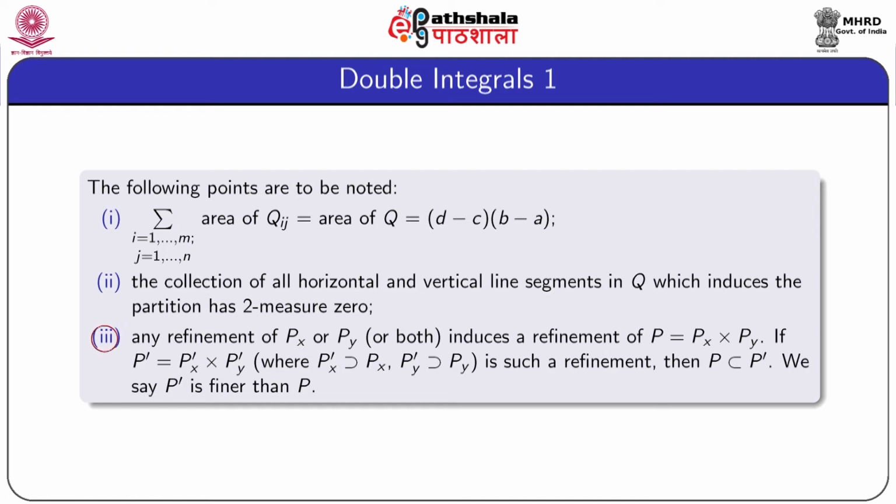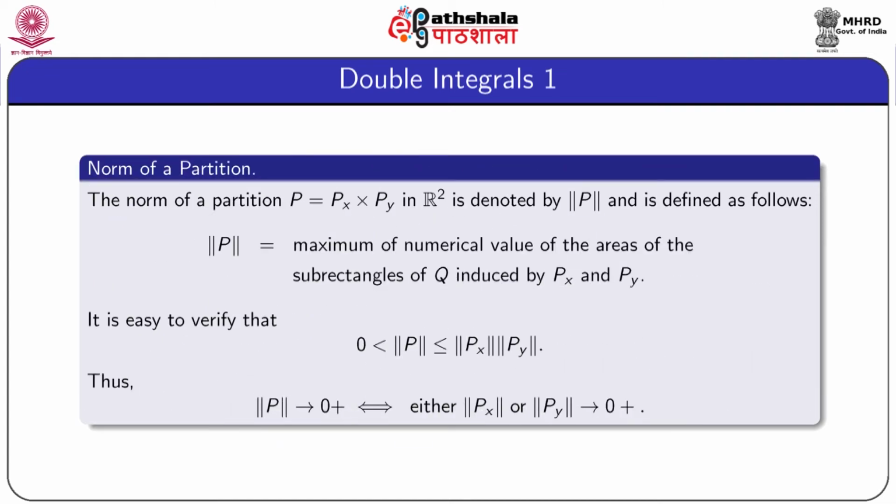Any refinement of Px or Py or both induces a refinement of P equal to Px times Py. If P dash equal to Px dash times Py dash, where Px dash is a superset of Px and Py dash contains Py, is such a refinement, then P is a subset of P dash. We say P dash is finer than P.